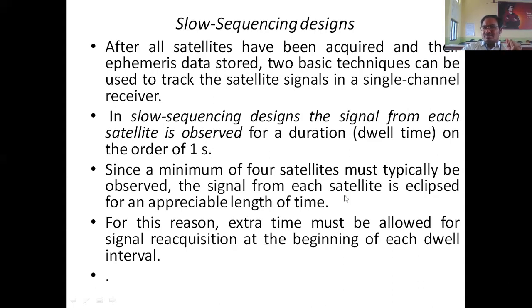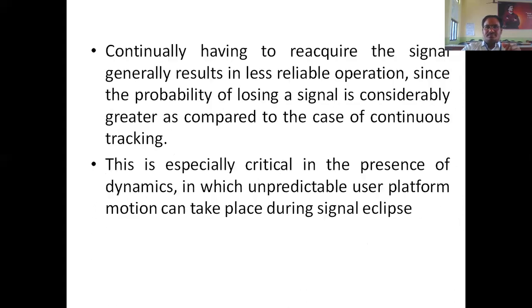Because a minimum of 4 satellites must typically be observed, the signal from each satellite is eclipsed for an appreciable length of time. For this reason, extra time must be allowed for signal acquisition, re-acquisition at the beginning of each null interval. Continuously having to reacquire the signal generally results in less reliable operation, since the probability of losing a signal is considerably greater as compared to the case of continuous time.